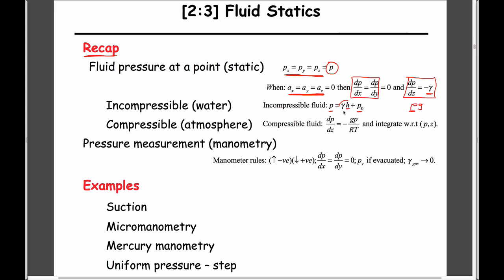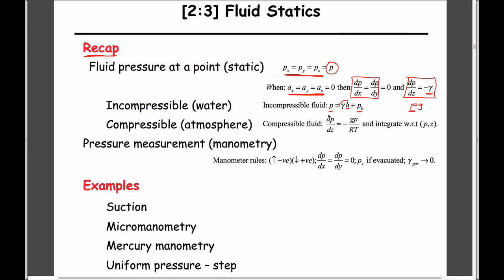So if we go up, then the pressure decreases by some amount equal to the product of the height change times unit weight. And if we go down in the fluid, the pressure will increase by an amount, again, given by the change in elevation multiplied by the unit weight. And again, the density, and therefore the unit weight, doesn't change.